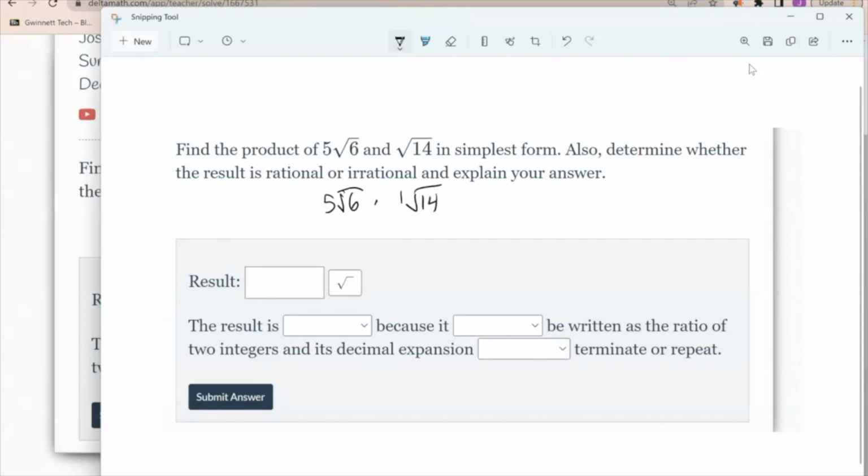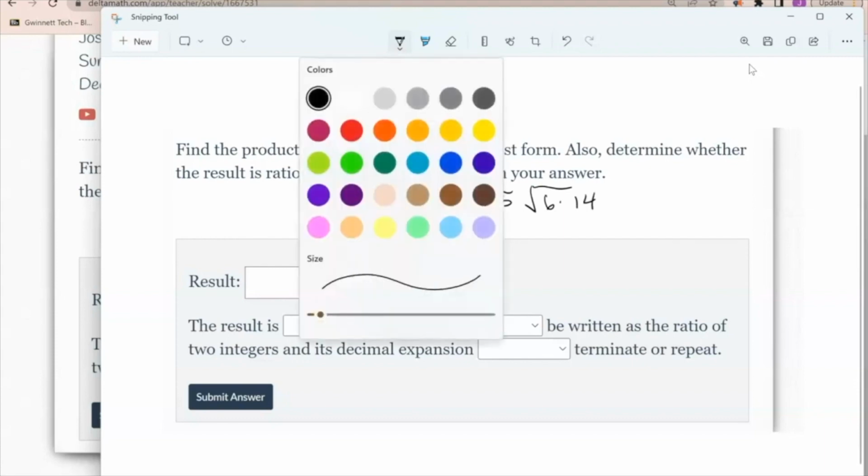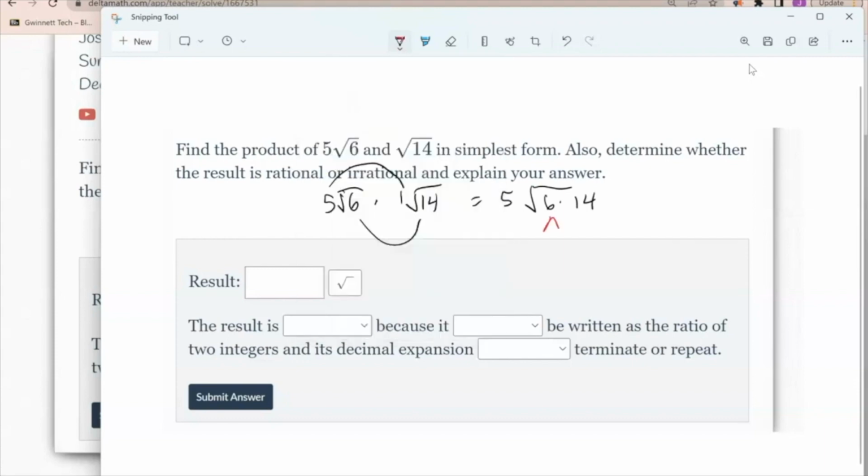And again, there's an invisible one right here. Multiply those two. So that's going to be 5. Multiply these two. Now I'm going to leave it as 6 times 14 because as we saw, it's just faster when you're breaking it down. So 6 breaks down to 2, which is prime, times 3, which is prime. 14 breaks down to 2, which is prime, and 7, which is prime.